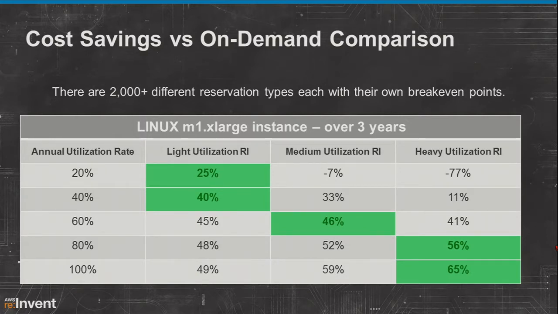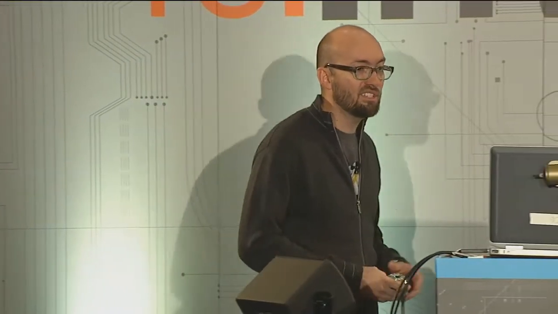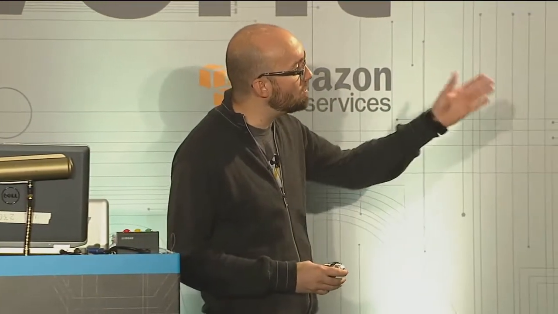Okay? So the way this maps out, if you're using your instance, let's say 60% of the time, it would make more sense to go to a medium. If you're using your instance, let's say 80% of the time, it's going to make more sense to go to a heavy. So these numbers are generalized.